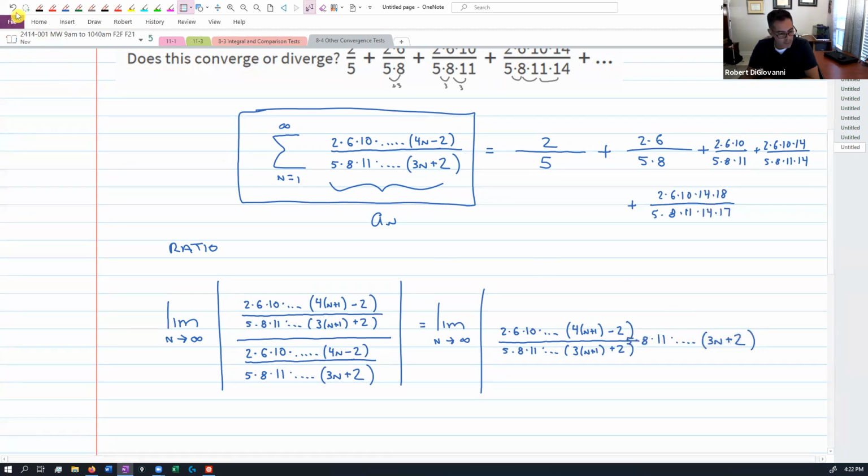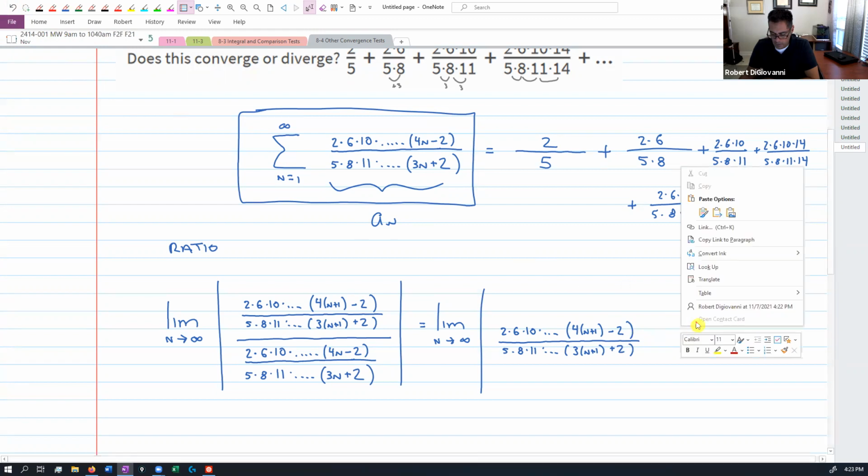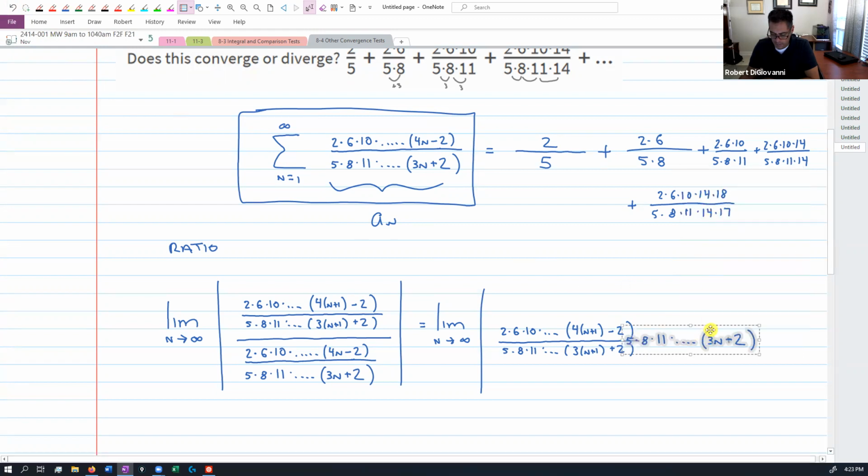Try that again. That goes here. And then this 2 times 6 times 10 times ... 4n minus 2 goes here. And we want to know what happens here as n goes to infinity.